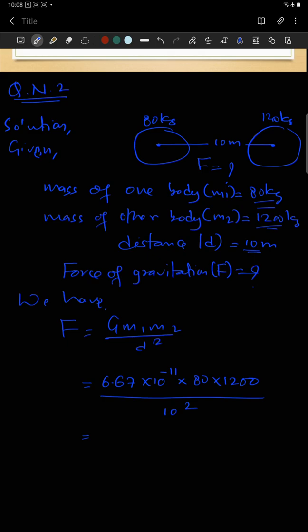So it comes 6.4 by 100. 10 square means 100. So finally the answer is divided by 100. So the answer is 6.4 into 10 to the power minus 8 Newton.